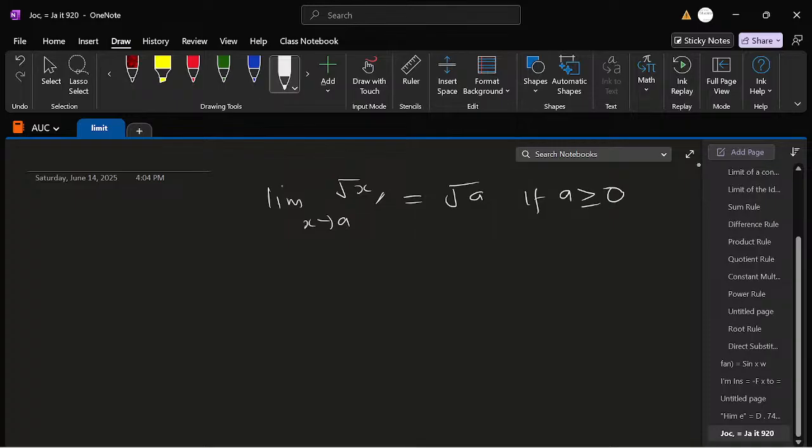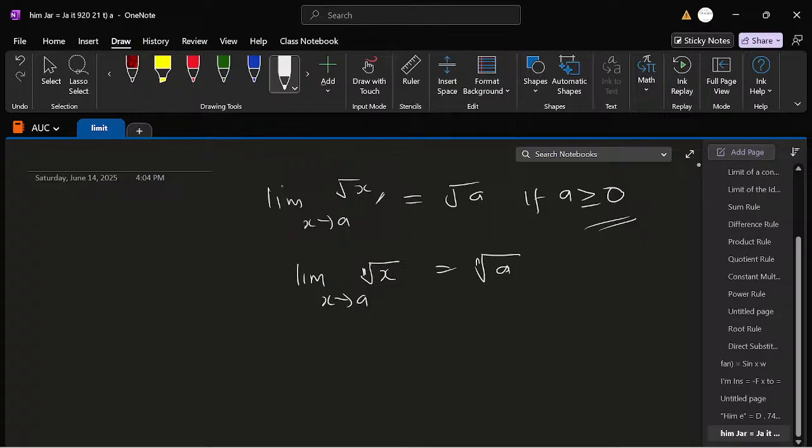Or if you want to generalize this, you can say the limit as x approaches a of the nth root of x will be equal to the nth root of a. Here we cannot put the condition, because if you have odd roots, it allows a negative number, so it will work.